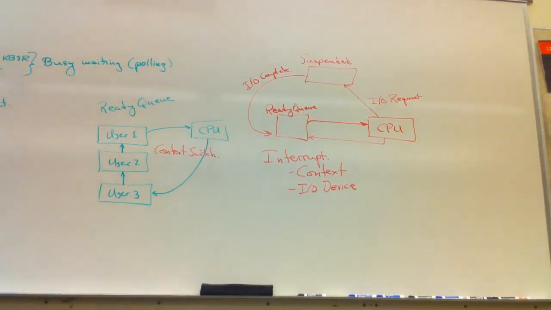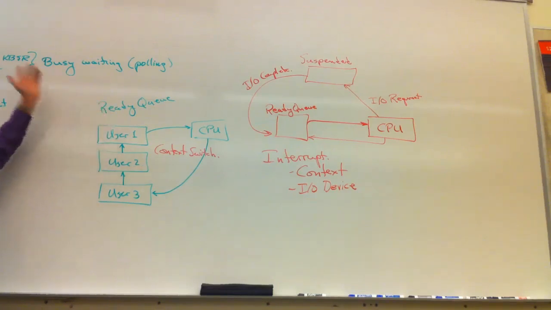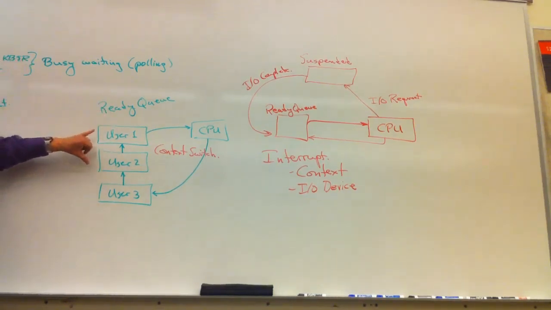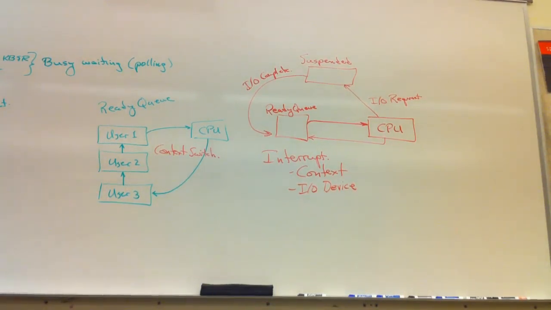It frees the system up. So again, if we've got both of these users here waiting on I/O, and instead of just spinning the CPU around in a wait loop, they go off someplace else, and if user 3 is the only other user on the system, he has full access and just keeps getting good work done until such time as somebody's I/O completes, and then they get put back into the ready queue and off we go.